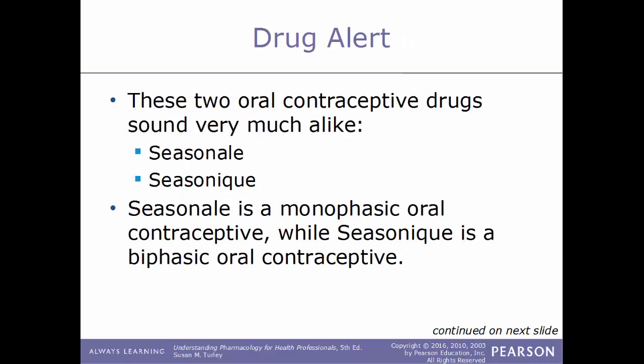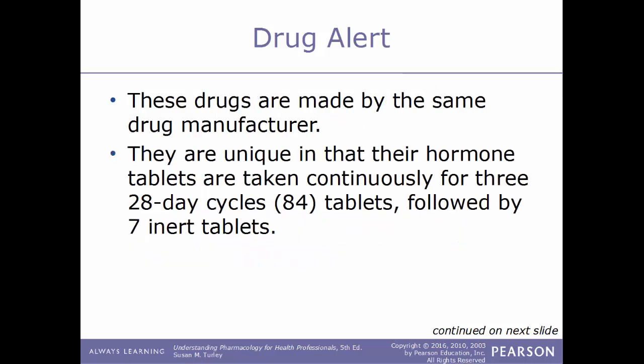Now these two oral contraceptive drugs sound very much alike, Seasonale and Seasonique, but they are very different. Seasonale is a monophasic contraceptive, and Seasonique is a biphasic contraceptive drug. And these drugs are made by the same manufacturer, and they are unique in that their hormone tablets are taken continuously for 3 28-day cycles, which would be 84 tablets, and then followed by 7 inert tablets.